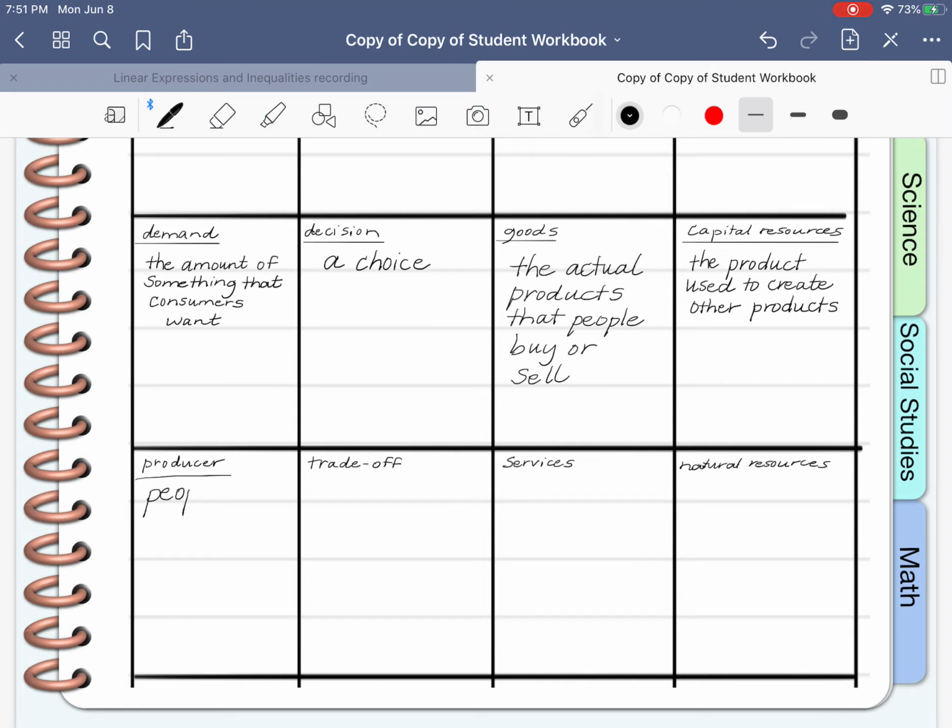People and businesses. So you could use a movie producer. Person who produces that service or that goods. People and businesses who create, who make goods and services.